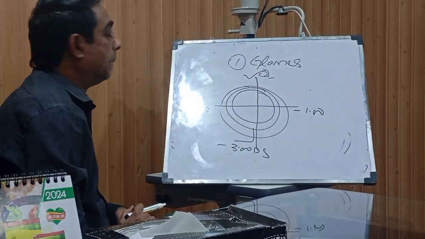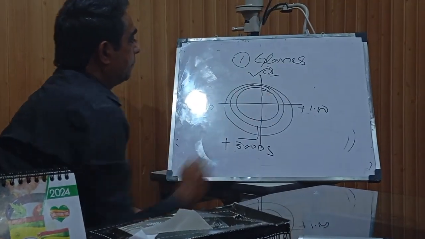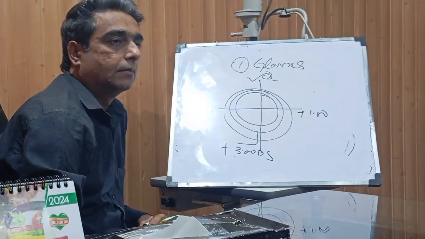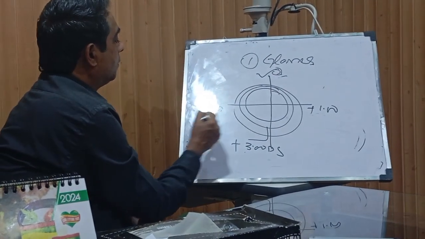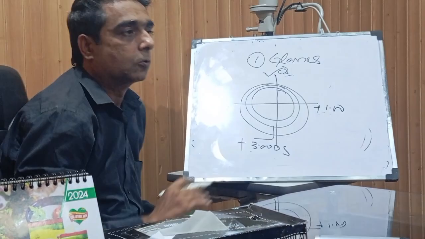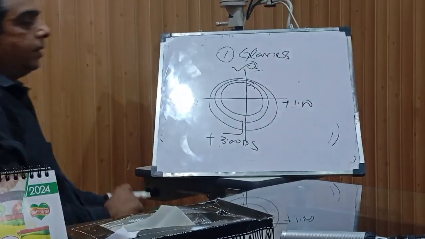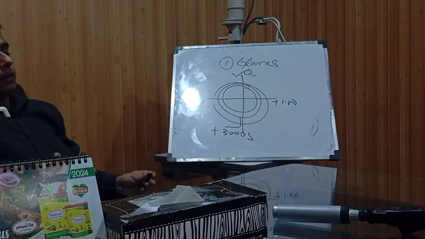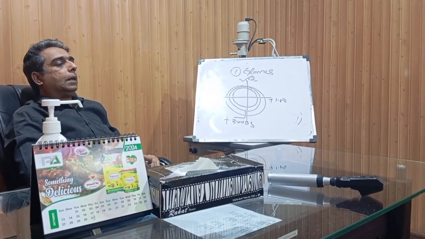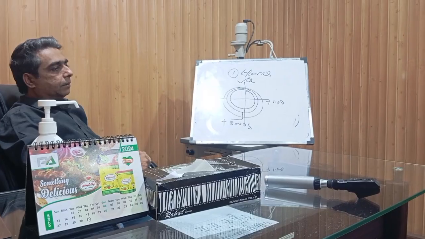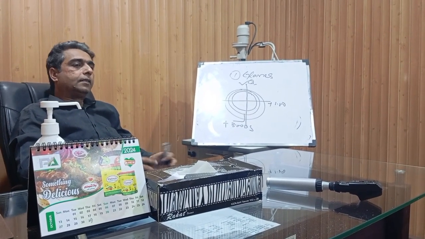Now, if this is hypermetropia, only the sign will change, and it will also depend upon whatever the degrees coming on the retinoscope or refractometer. So whether it is myopic astigmatism or hypermetropic astigmatism, we will have to give a combination of spherical and cylindrical lenses.